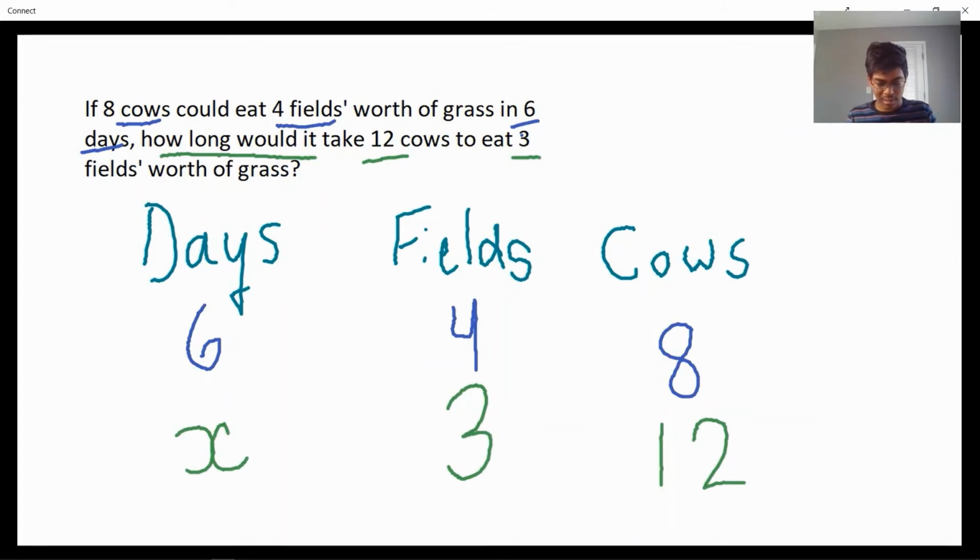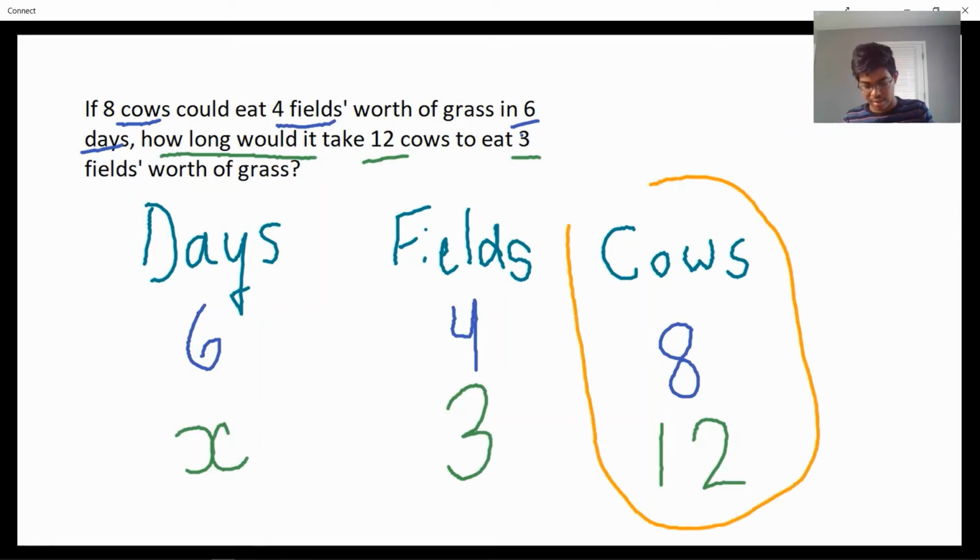And if that's confusing, I'll show you what I mean. So let's assume that cows is a constant. So we have a fixed number of cows, hypothetically. Let's say we let those cows graze for a certain number of days.